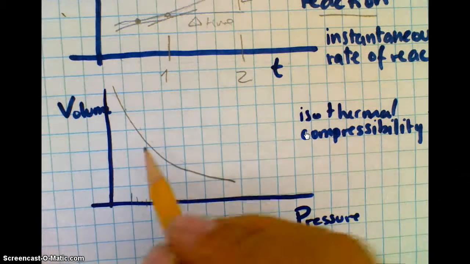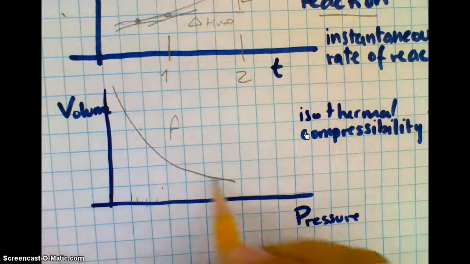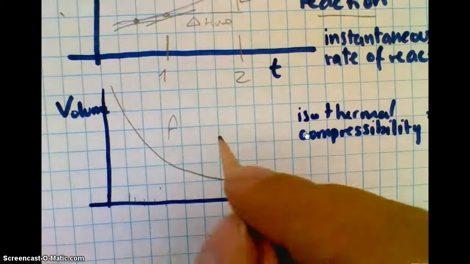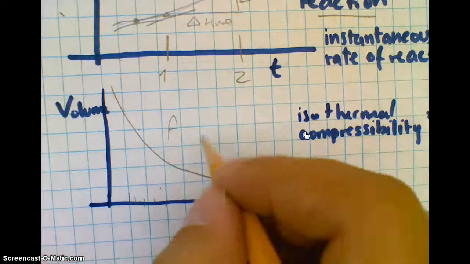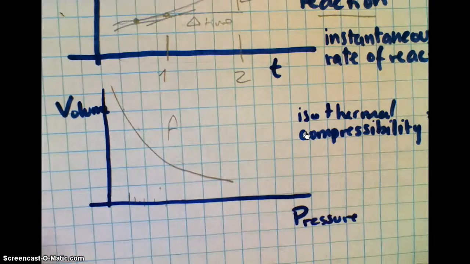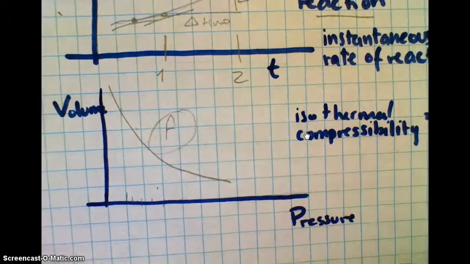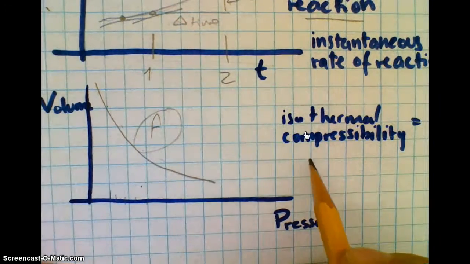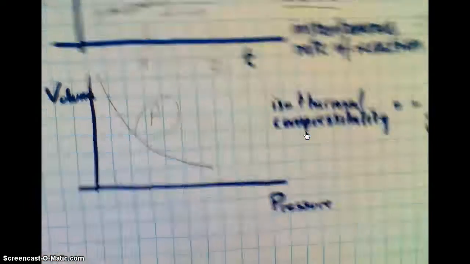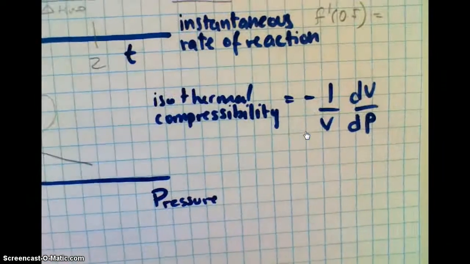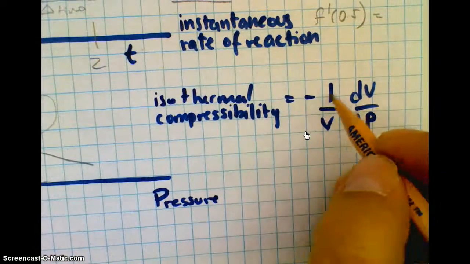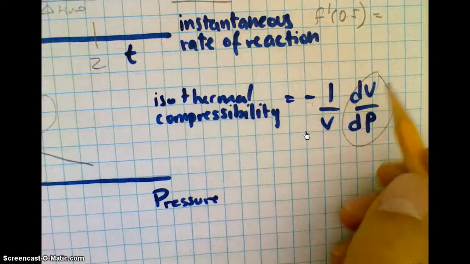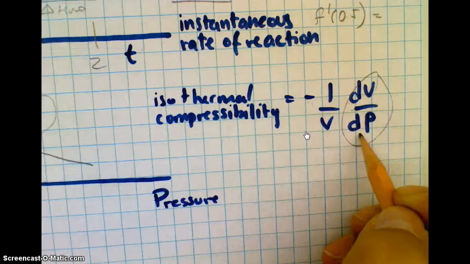So this equation may be exponential decay, e to the negative x or something like that, whatever the function is. If I want to find the isothermal compressibility, by formula it is -1 divided by the volume times the change in volume with respect to pressure.